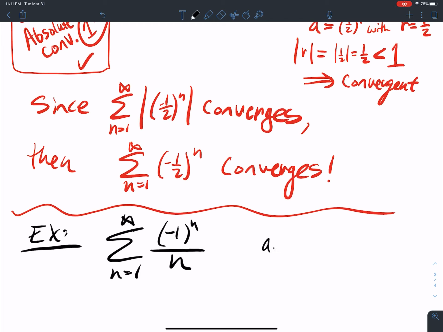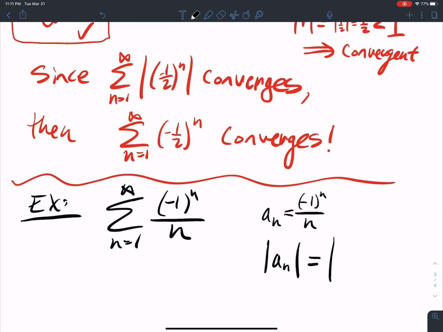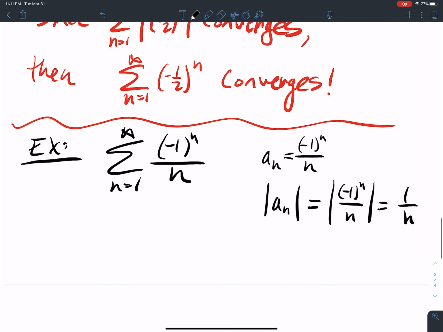Well, a_n here is (-1)^n over n. I want to know the absolute value of a_n. This is the absolute value of (-1)^n over n, which equals 1 over n. So that absolute value gets rid of the sign switcher.